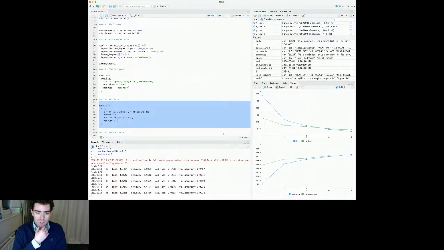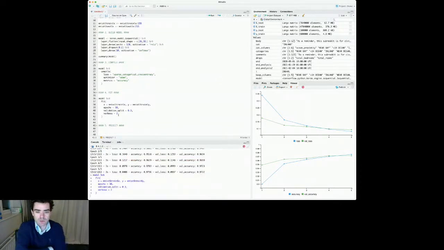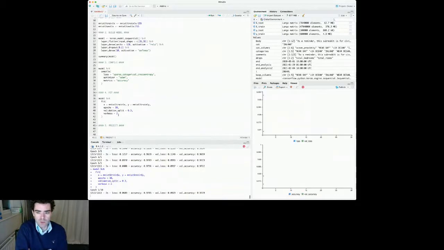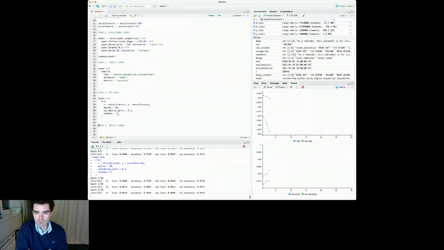I think it's reached its, yeah. Okay, so we've done five epochs. Just for the sake of it, let's just do 30, just see how it goes. We're going to push our computer a bit computationally. See how it gets on.